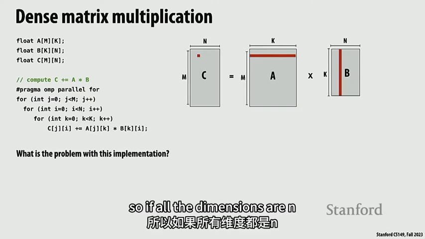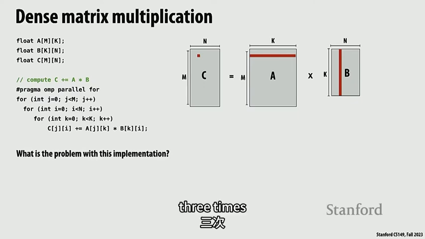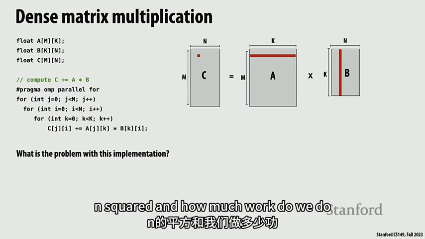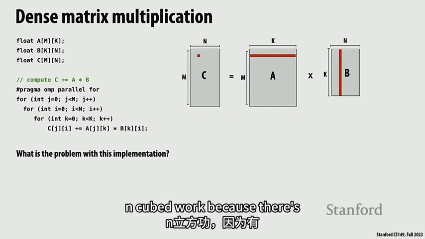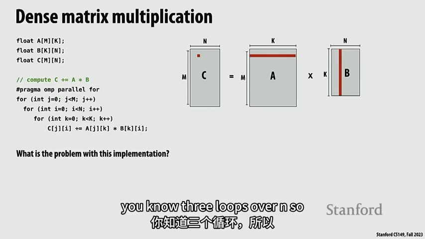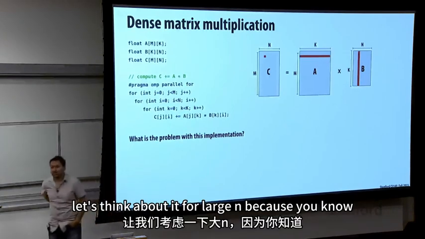If all the dimensions are n, how much data do we end up touching? 3 times n squared. And how much work do we do? N cubed work, because there are 3 loops over n. So let's think about the problem with this implementation for large n.